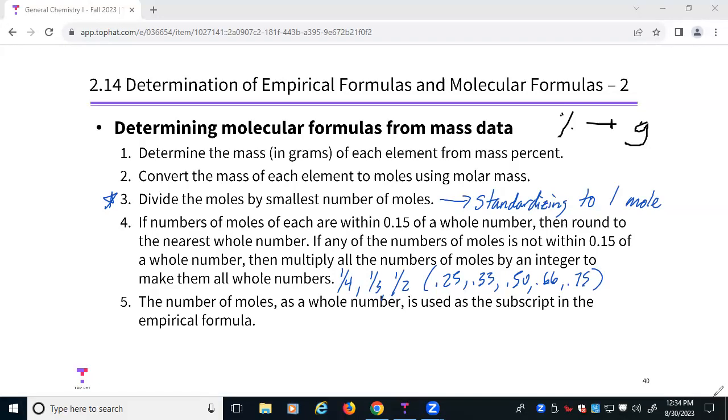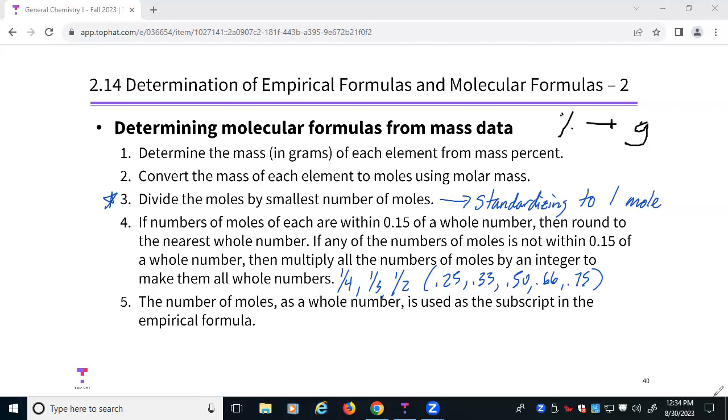What I was telling my lab students is it's either round to the nearest whole number, so round up or round down to the nearest 1, or if it is right there in the middle at a half, multiply by 2 and go from there. Otherwise, round up or down accordingly.